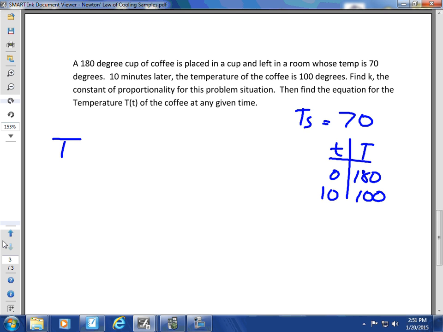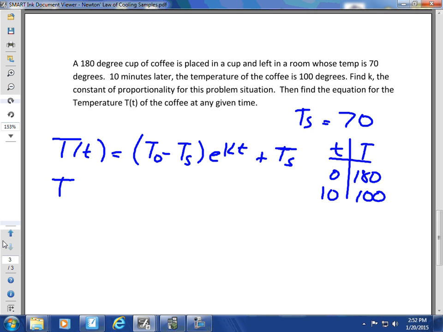So the temperature at any given time is going to be T0 minus Ts, correct? e to the kt plus Ts. Therefore, temperature at any given time is 180 minus 70, which gives me 110, e to the kt plus 70 on the end.